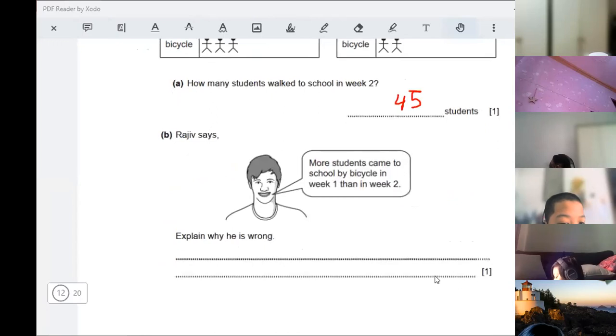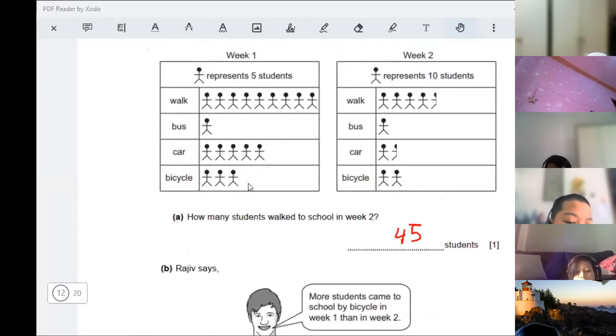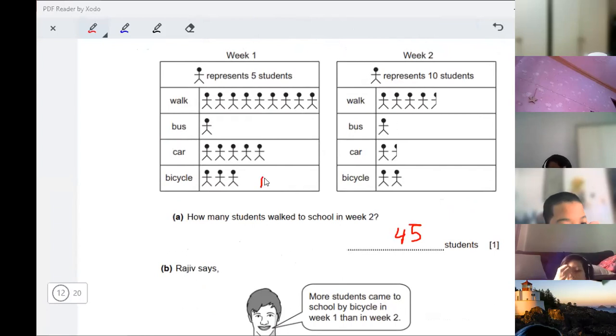And then this is still the same. Rajiv says more students come to school by bicycle in week 1 than in week 2. This is week 1. This is week 2. How many students in week 1 use a bicycle? 15. How many students in week 2 use bicycles? 20.